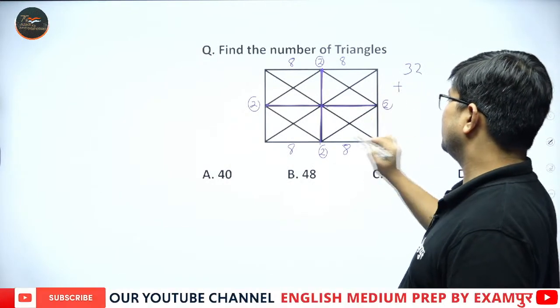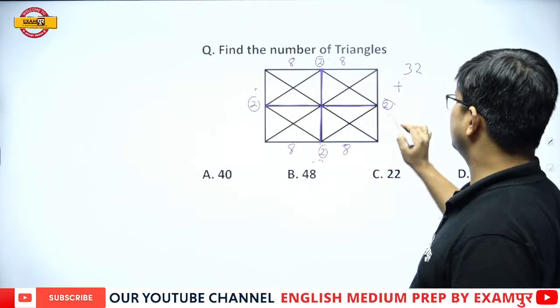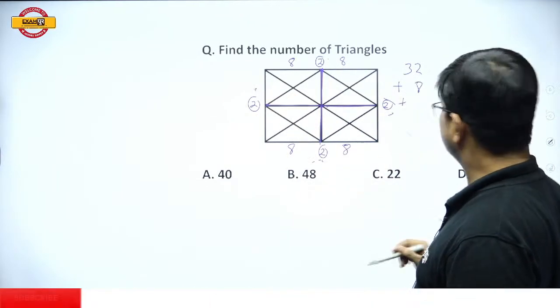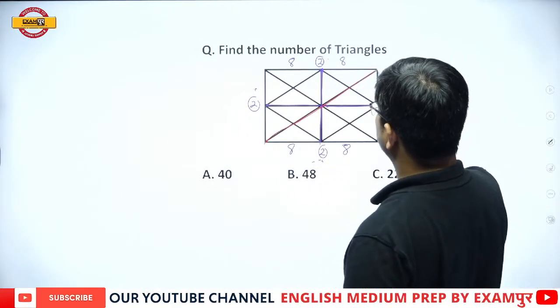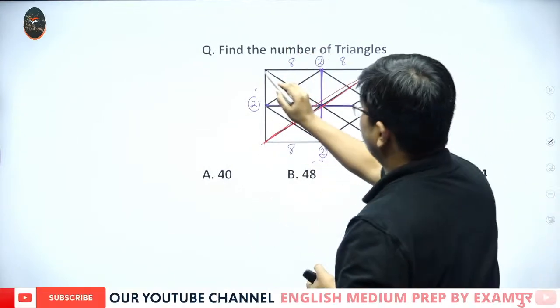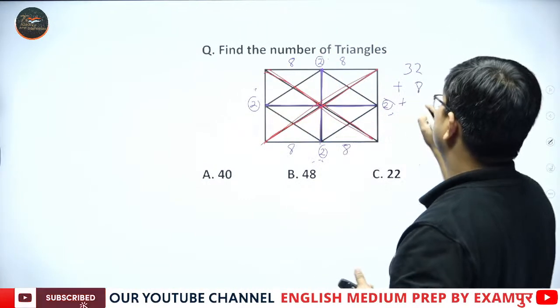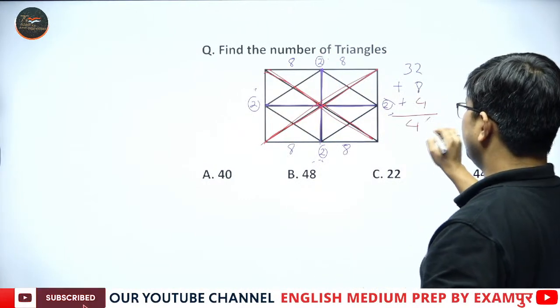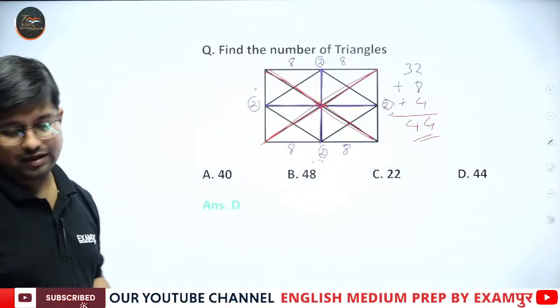So it is 2, 2, 2 and 2, 8, plus still the things are not done. The biggest one about this diagonal 1 and 2, and then about this diagonal 1 and 2. So now the sum would be 44. That is the right answer.